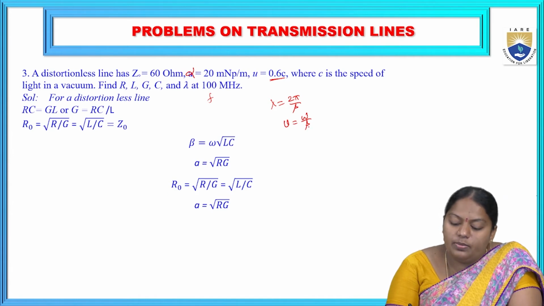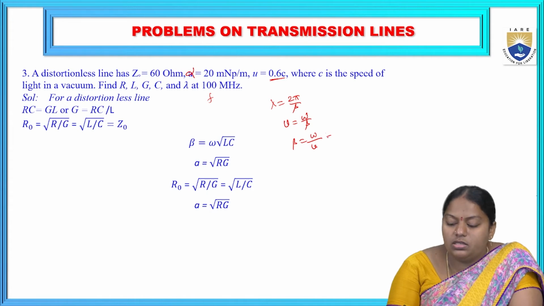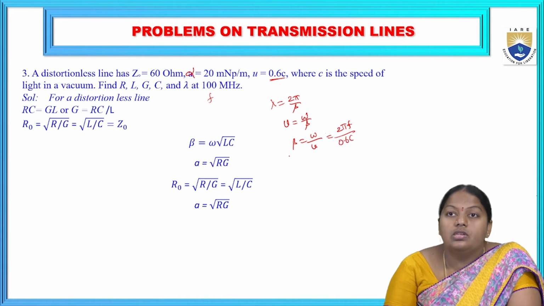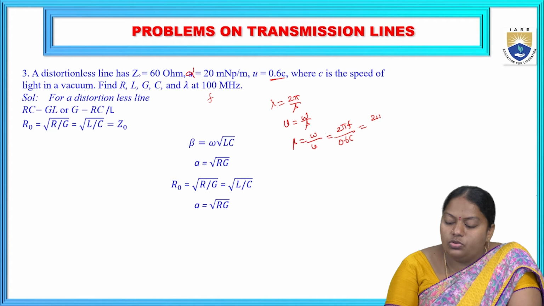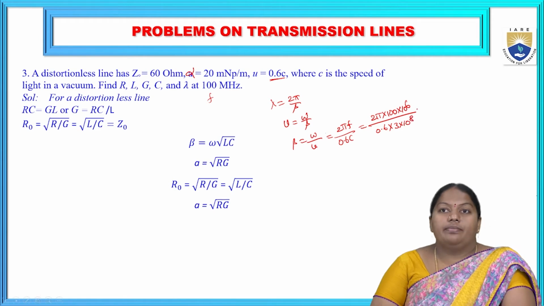So to find this beta value, beta equal to omega by velocity, we have to consider, and the formula for omega is 2 pi f by velocity, given as 0.6 into c, which is equal to 2 pi f. F value is given as 100 megahertz, 100 into 10 power 6, by 0.6 into c value, which is given as 3 into 10 power 8 meters per second, right?